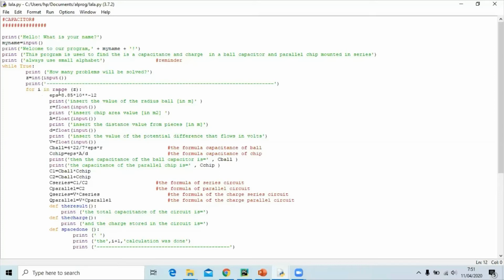For i in range C, and then epsilon equal 8.85 times 10 power minus 12, and print insert the value of the radius of the ball. Why do I use float? Because if you use float over here, you can put any number, decimal or integer, 1, 2, 3 like that.